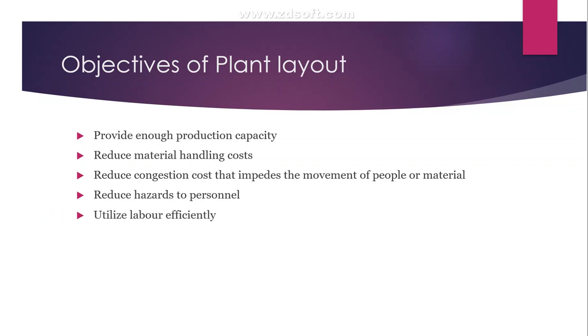Utilize labor efficiently. This helps us utilize labor efficiently by providing them the facilities required and maintaining employee morale during the production process in the plant layout, by providing the basic amenities and including them in an organized way, which helps motivate them. Ultimately employee morale has an impact on the efficiency of production.